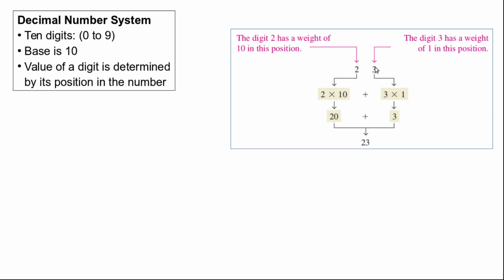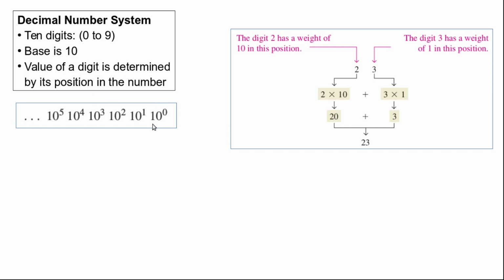So as we can see, 3 has a weight of 1 because it is 3 into 1, and since it is 2 into 10, the digit 2 has a weight of 10. Basically we know that this is ones, this is tens, next comes 100, next comes 1000. So it's the same thing. Here 3 has the weight of 1 and 2 has the weight of 10.